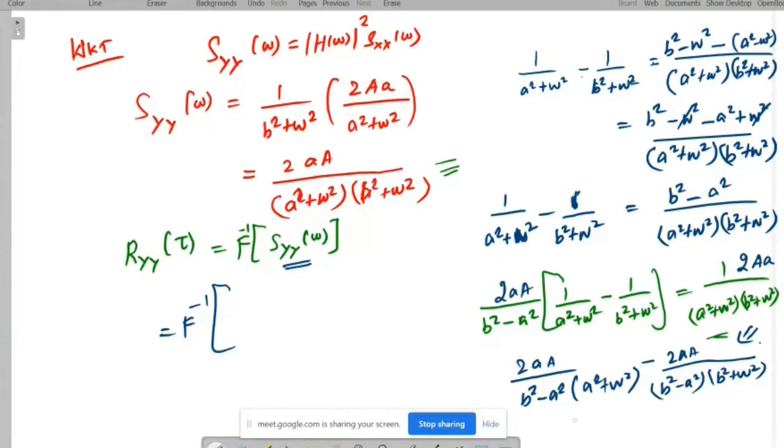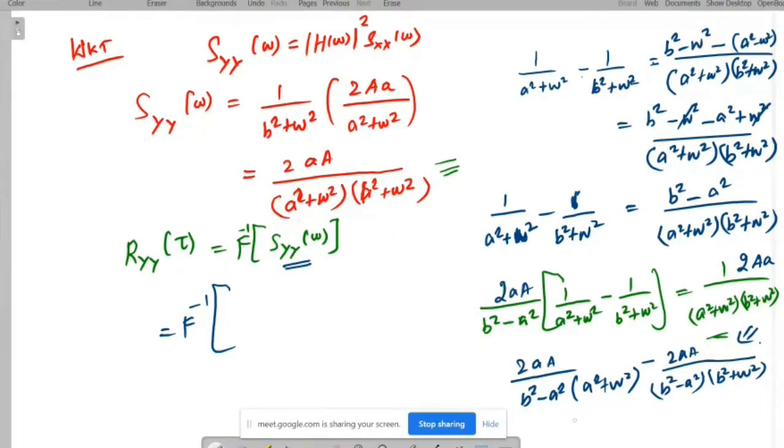F inverse satisfies the linear property. That means the inverse Fourier transform of the sum of two functions is equal to the sum of the inverse Fourier transforms of the separate functions. That means you can take an inverse Fourier transform separately. After taking the inverse Fourier transform, you can subtract or add.